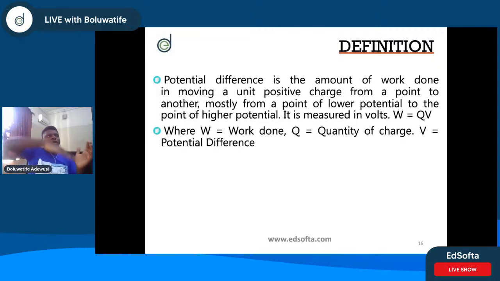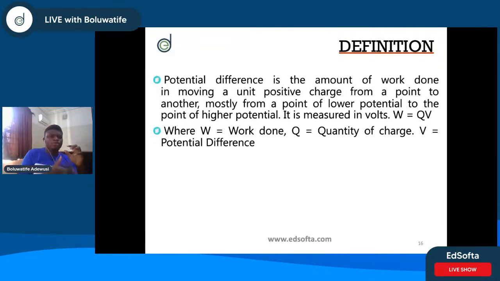So if, for example, a battery has a potential difference of 5, that means it takes 5 joules, or 5 volts, to move one charge from one point to another. So let's assume I now have 20 charges.